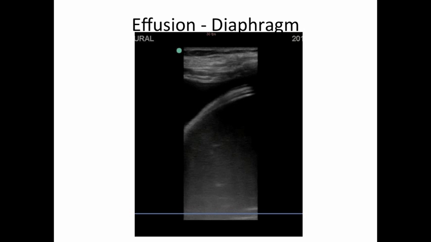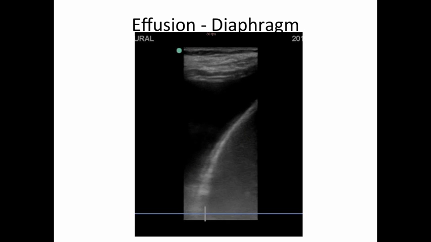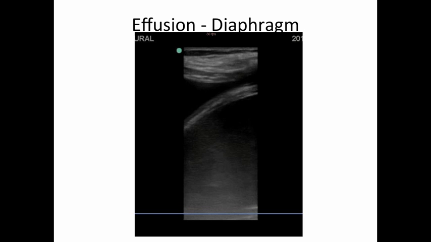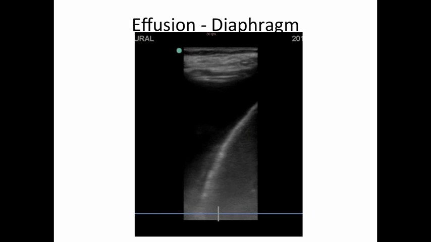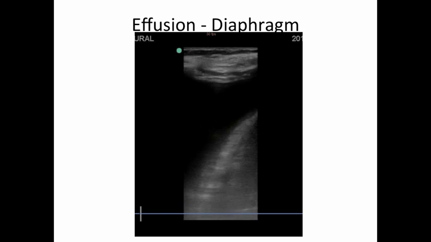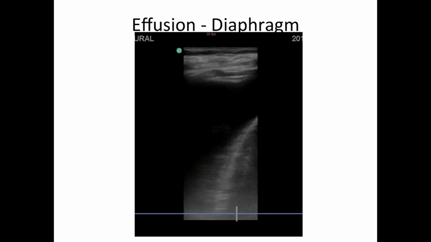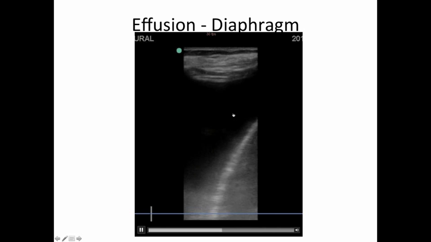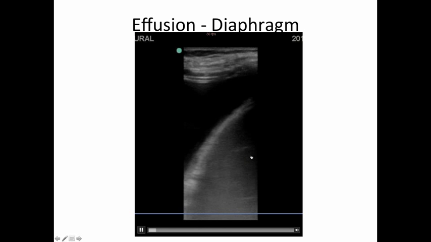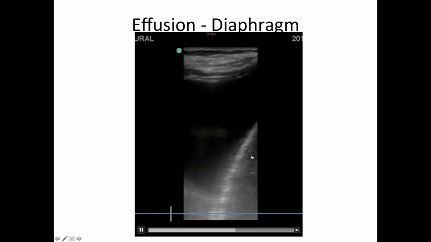Remember, you want at least 1 to 2 centimeters of fluid before you try to stick a needle in that space, and ideally you want to be a rib space or 2 above the diaphragm, so that as you put your needle in, you don't risk puncturing intra-abdominal organs that come into your view.